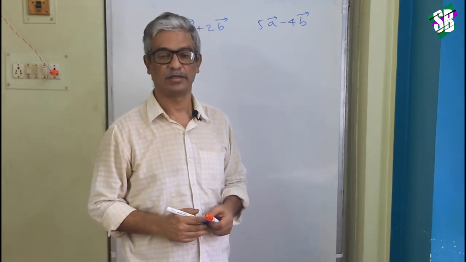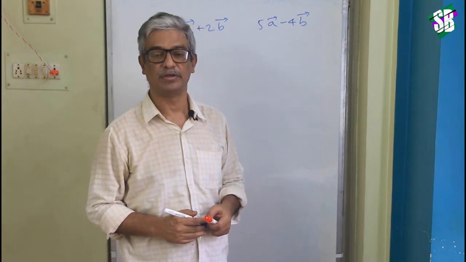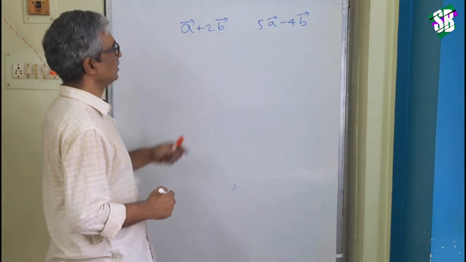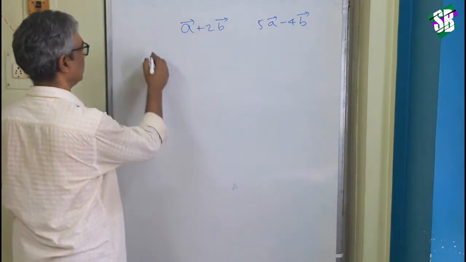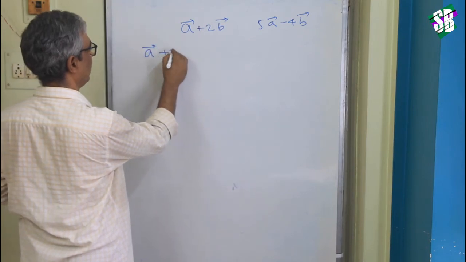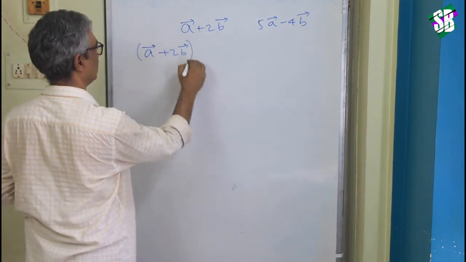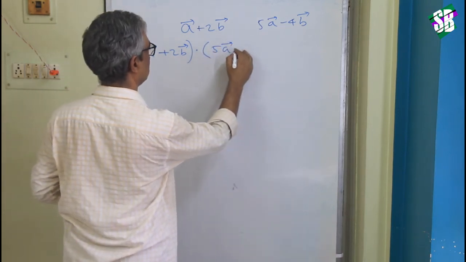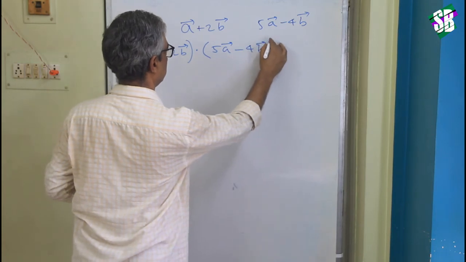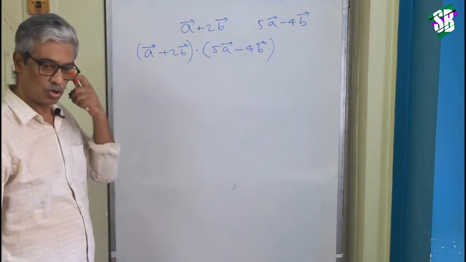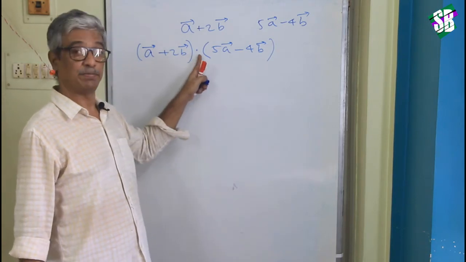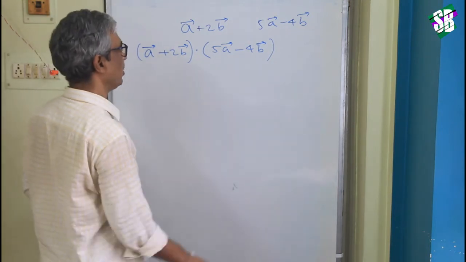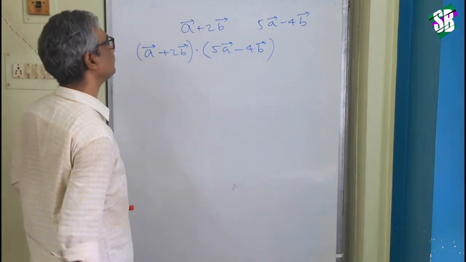You have to find the angle between a vector and b vector. Remember that a vector and b vector are unit vectors. Since these two vectors are perpendicular, you have (a vector plus 2b vector) dot (5a vector minus 4b vector). Remember, always put a dot, don't keep this place silent, use only dot. So I am giving emphasis to this point.